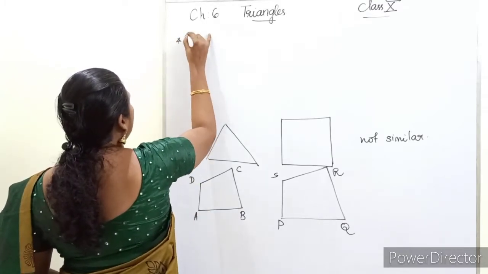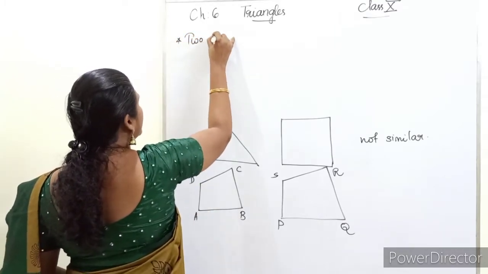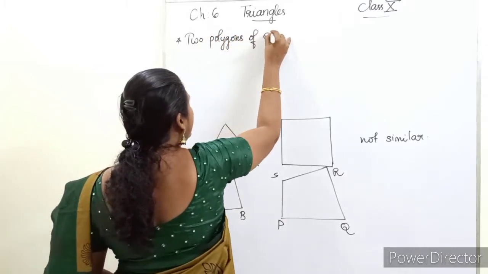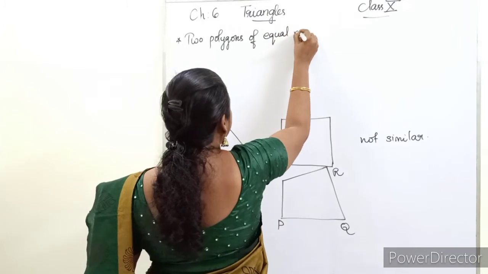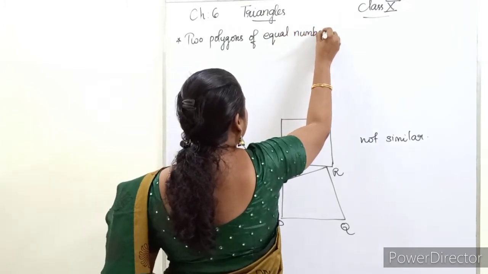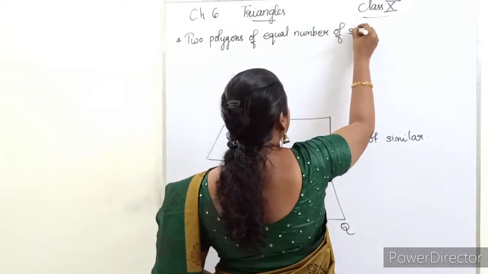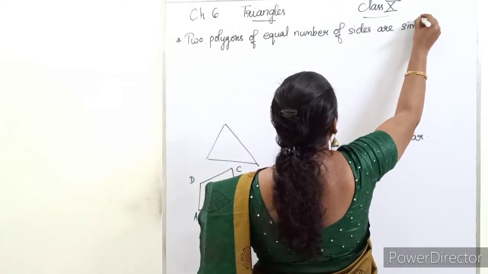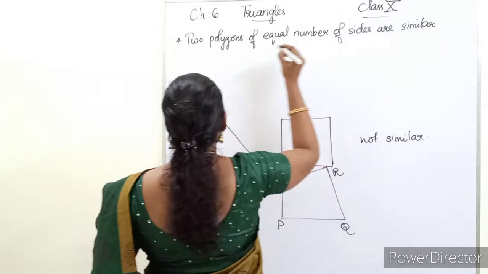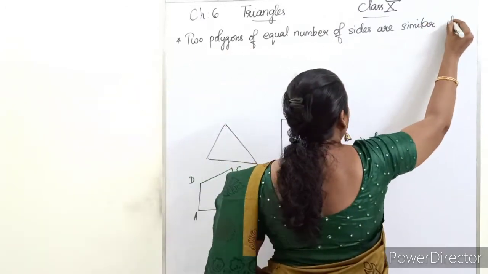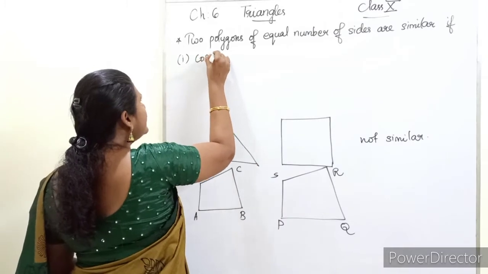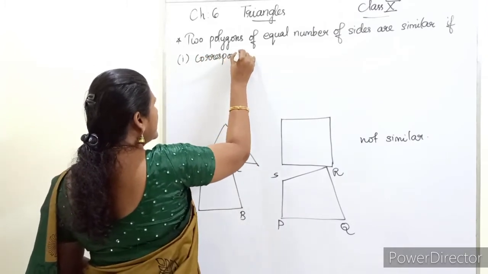Two polygons of equal number of sides are similar when, first rule, corresponding angles are equal.